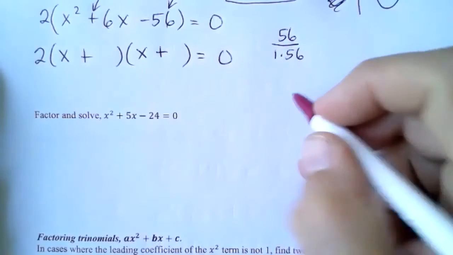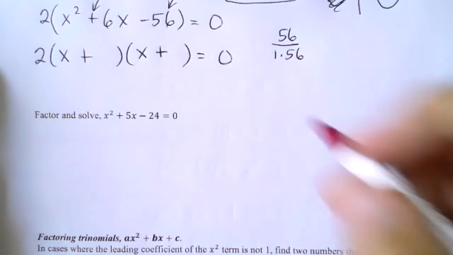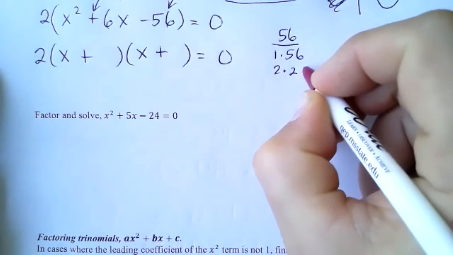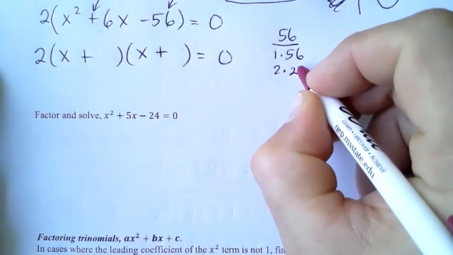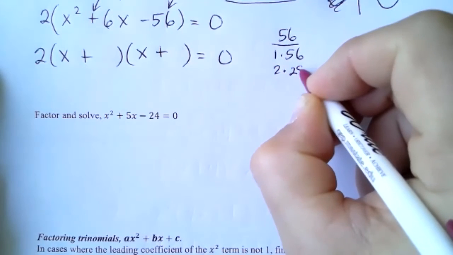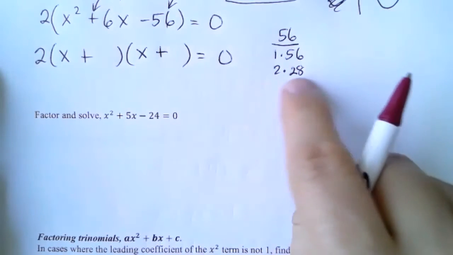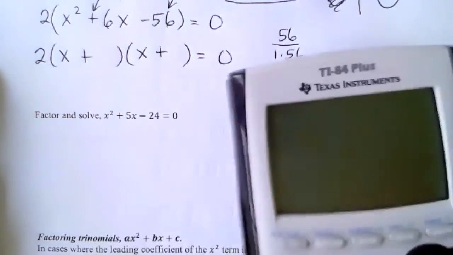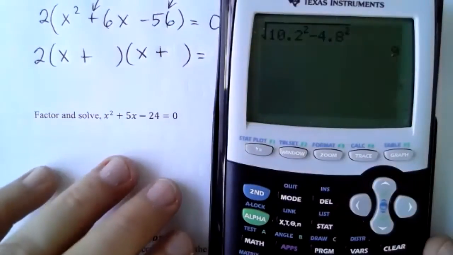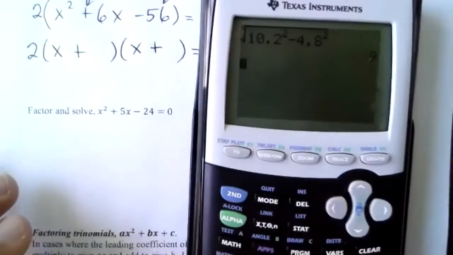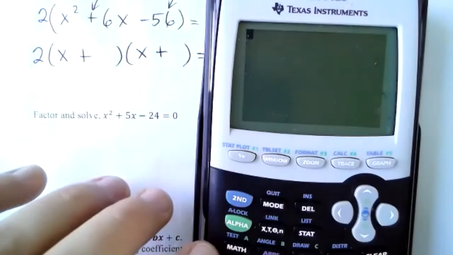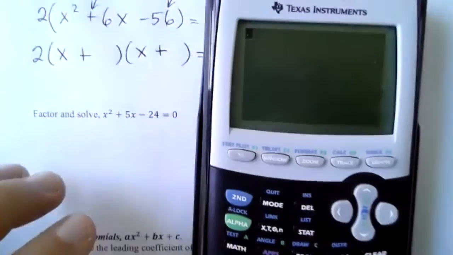If you go down the list, let's see, we got 2 times 28, so in other words, let's go really quickly and look through the factors of 56.